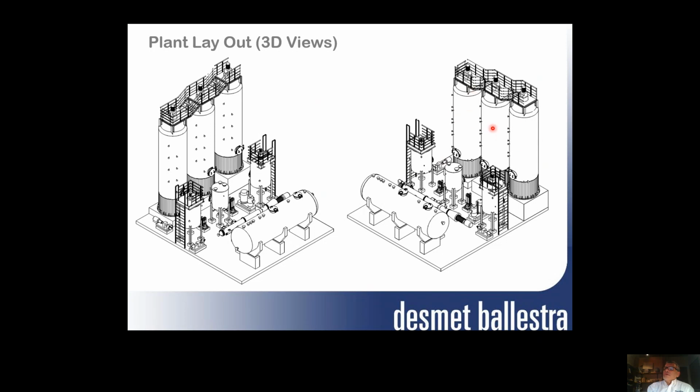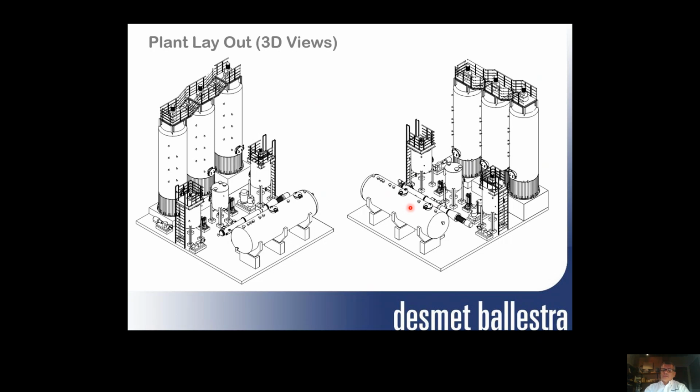It's all we need, and what needs more room is the decantation, which is just a simple decanter.